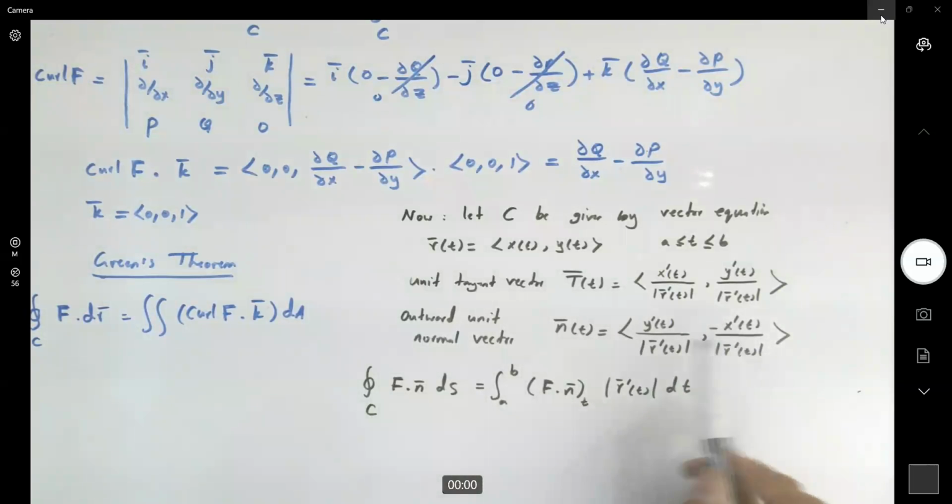By using our computations here, if we substitute them over here, what do we get?